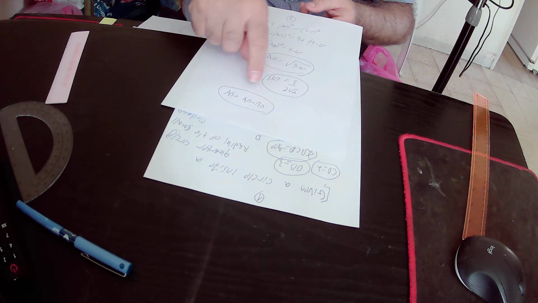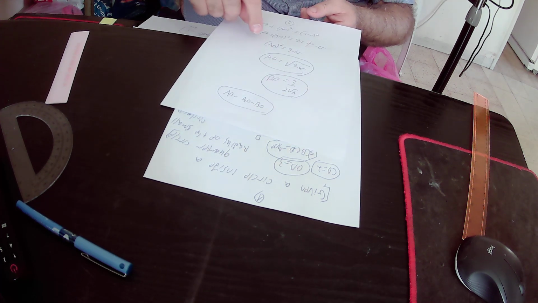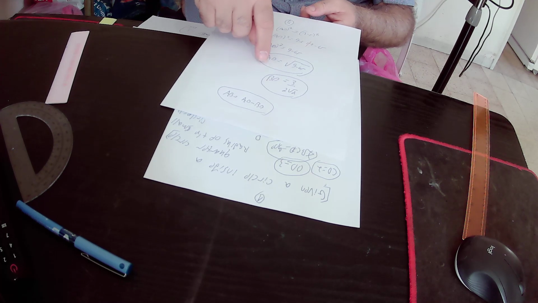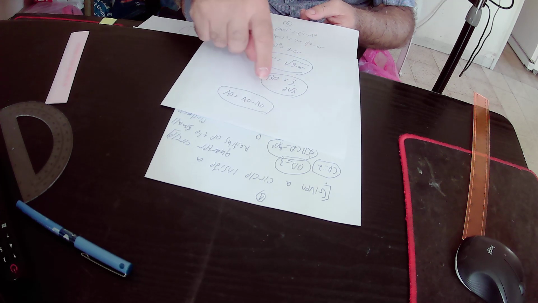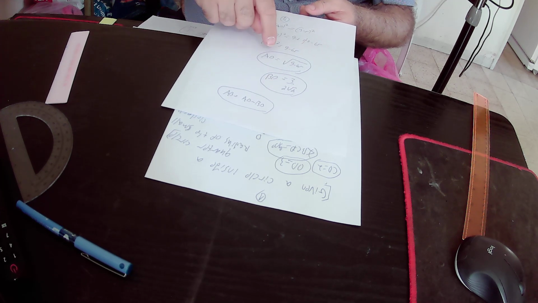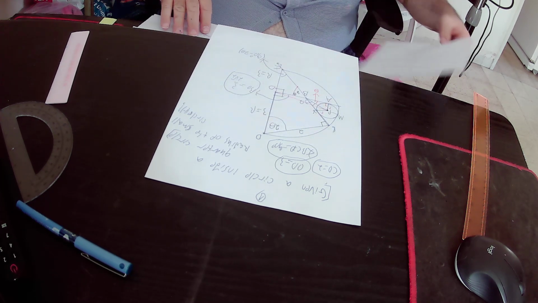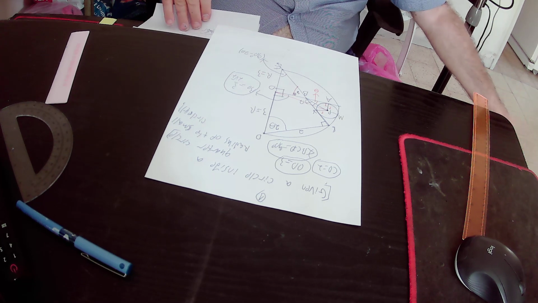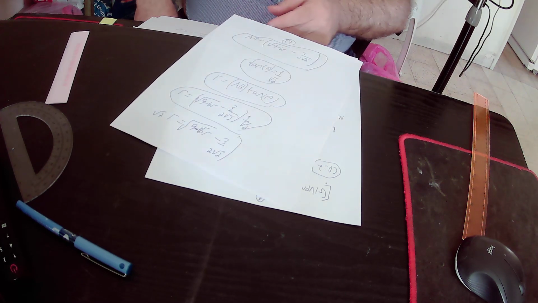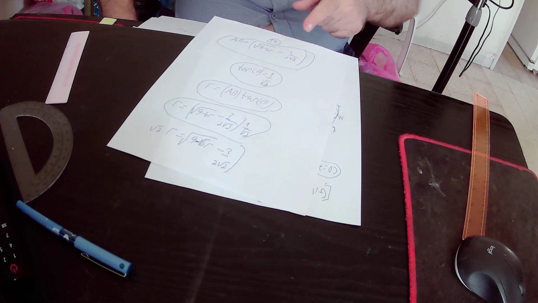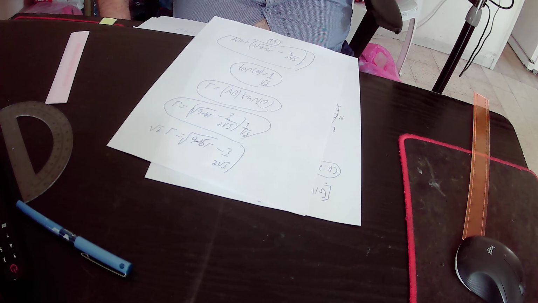We have the values of AO and BO, so we substitute AO and BO by their values from here, and AB actually equals the root of 9 minus 6r minus 3 over 2 times root 2.